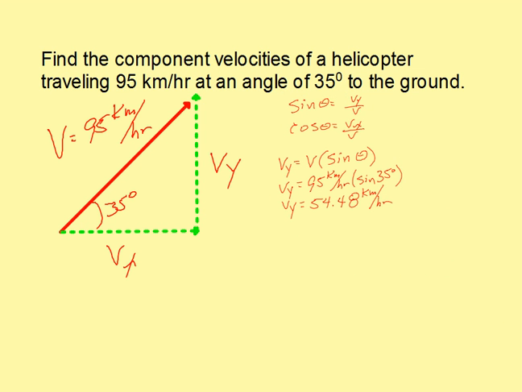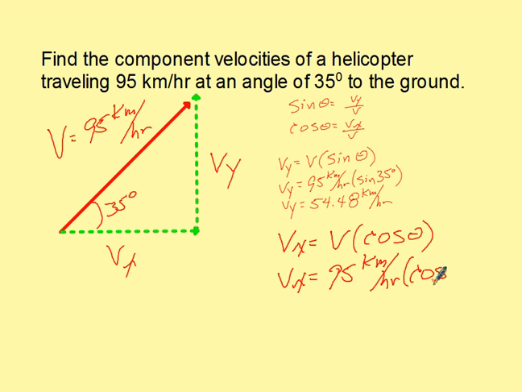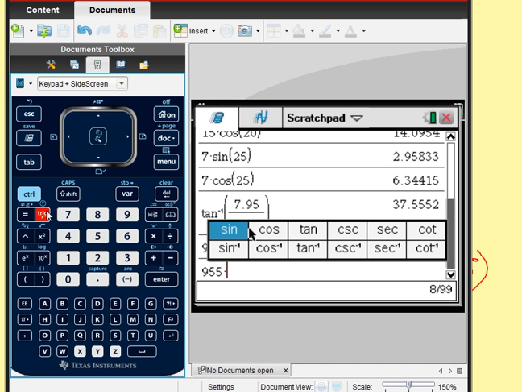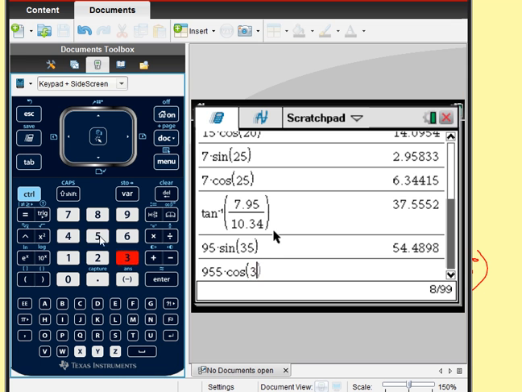Let's whip out the X component. So the velocity of the X component is going to be the tangent velocity times cosine theta. So velocity of X is 95 kilometers per hour times cosine 35 degrees. 95 times cosine 35 degrees.